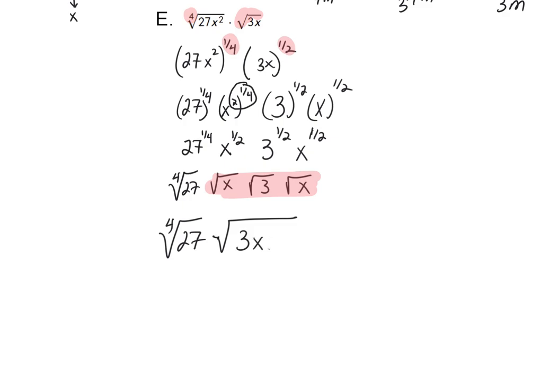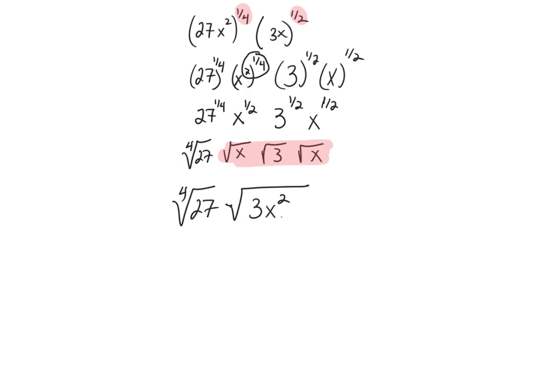Let's write it as x squared. And the square root, again, the square root of x squared simplifies. I can take out an x. So what ends up happening is I take that x out, and I still have the 3 there.